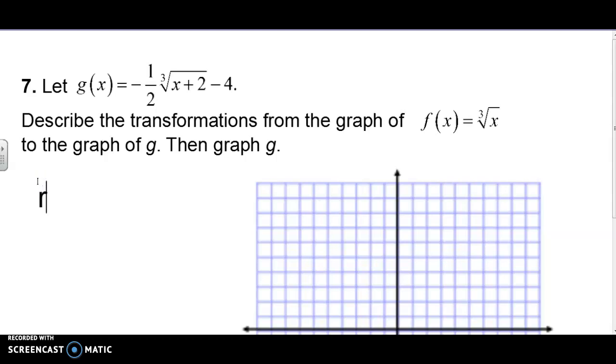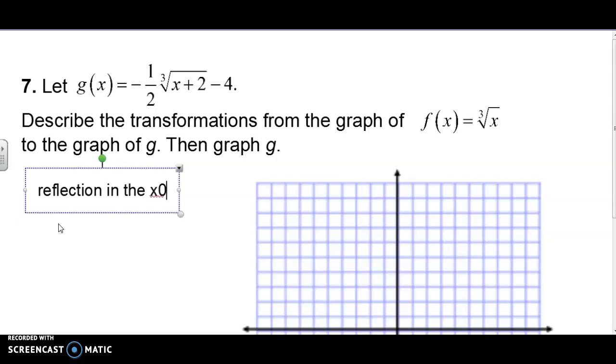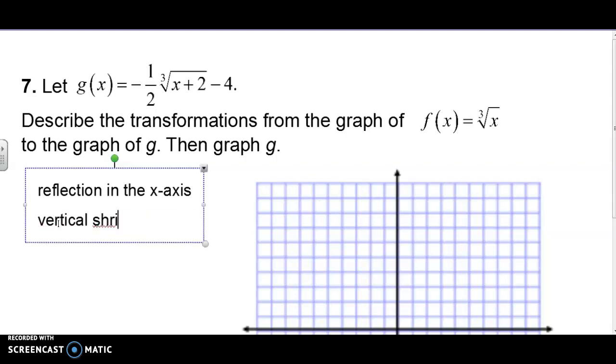So the first thing I see here is a negative sign in the front, so that's going to be a reflection. Since it's happening in front of the radical sign, it's a reflection in the x-axis. The outside is being multiplied by a half, so it's a vertical shrink by 1/2.